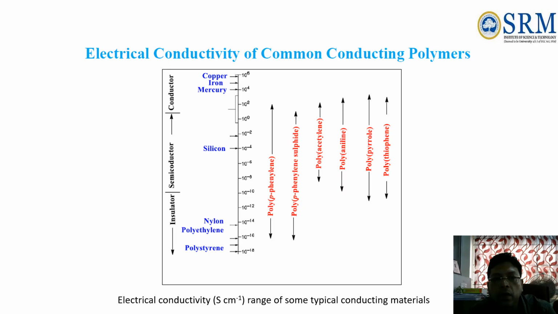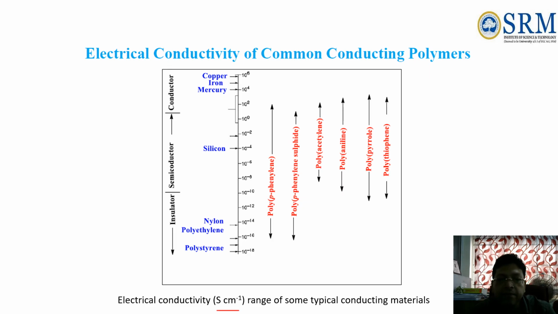Now we will talk about the electrical conductivity of some common conducting polymers through this flowchart. So we will try to understand the range of electrical conductivity of some of the conducting polymers. The unit of electrical conductivity is Siemens centimeter inverse.